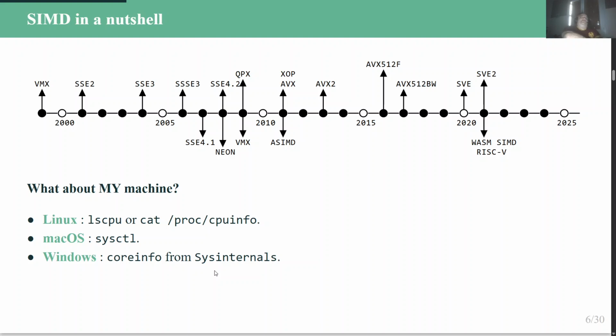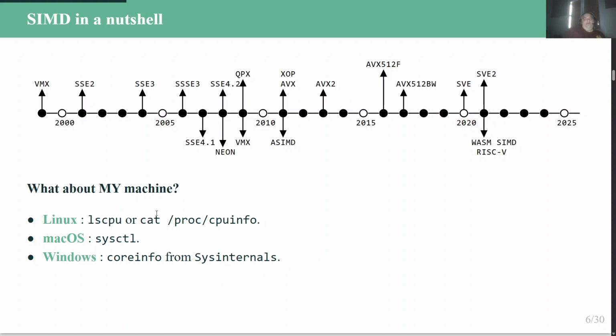The first SIMD extension sets came from the late 90s, early 2000s, with SSE and VMX, also known as Altivec. And as time goes, the number and the variety of SIMD extensions just keep growing.